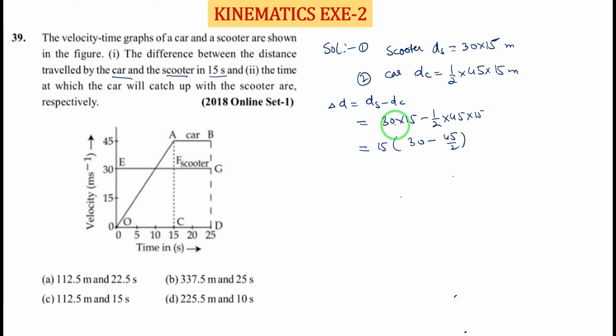So 30 into 15 minus half into 45 into 15, taking 15 common from both, and this will give us 15 into 7.5, and after multiplying we will get 112.5 meter. So this is the difference of distance at this point of time.